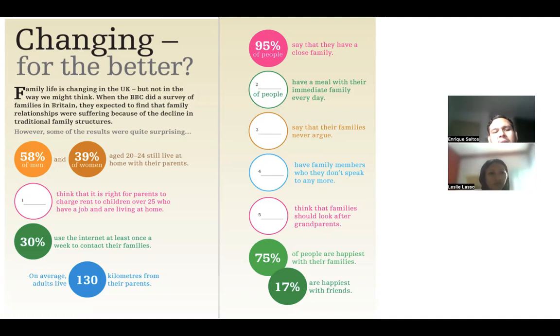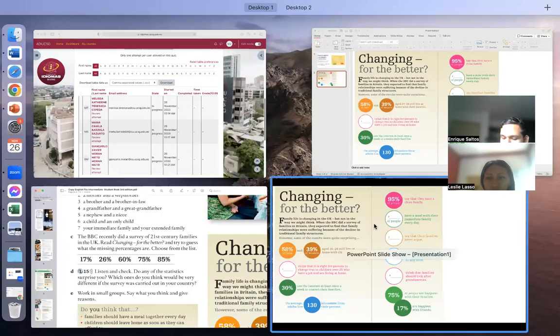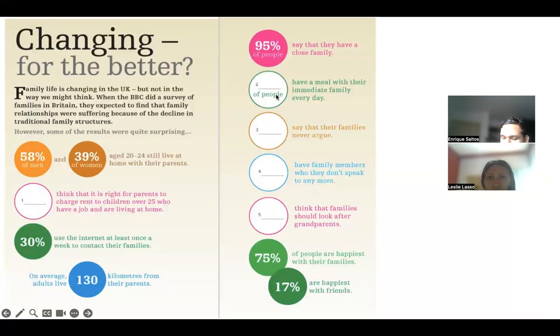These percentages, just make a note of them. Read it first, try to guess, and then we're going to do the listening activity and double check.